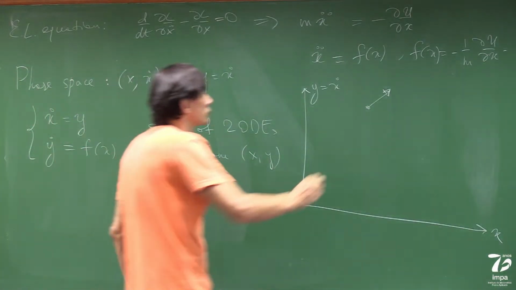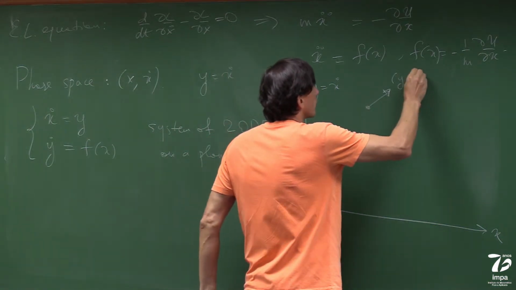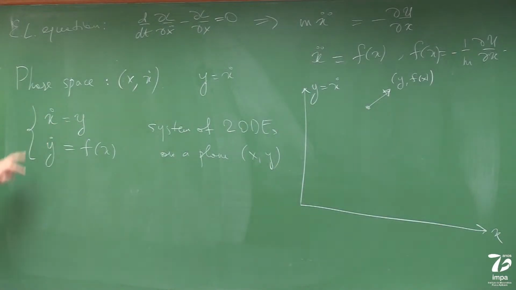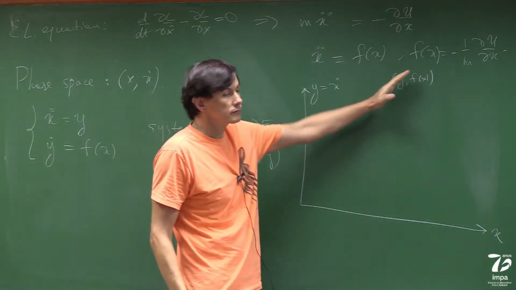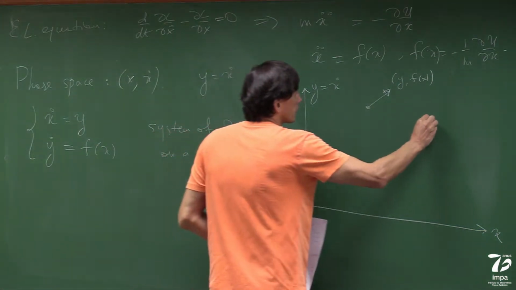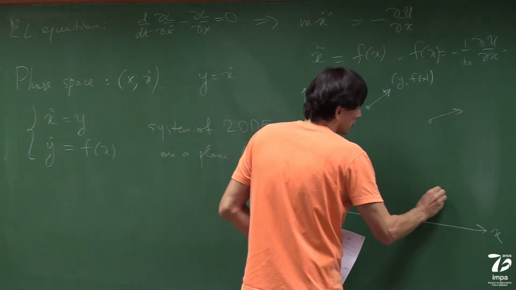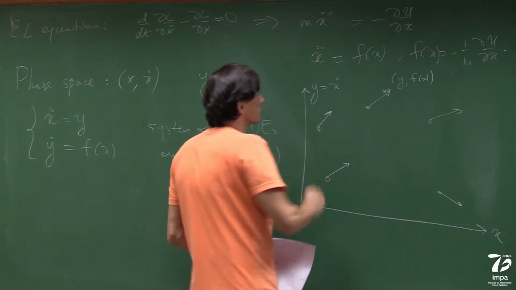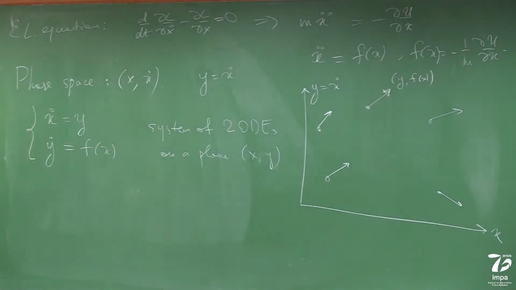This vector, which is y, f of x, tells you that the change of x and y is in this direction. So there is a vector at every point, a vector field on a plane.